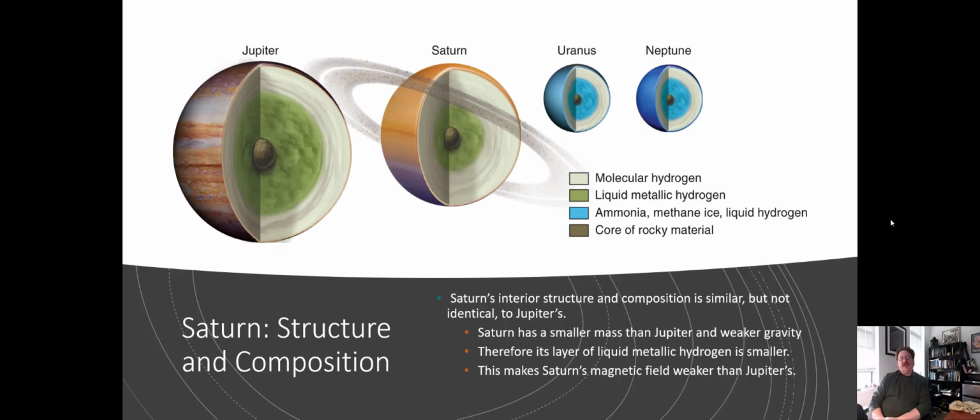Beneath that, you have a mantle of molecular hydrogen, followed by liquid metallic hydrogen underneath it. You also have some minor constituents of hydrocarbons, and then beneath that you have something of a rocky core.